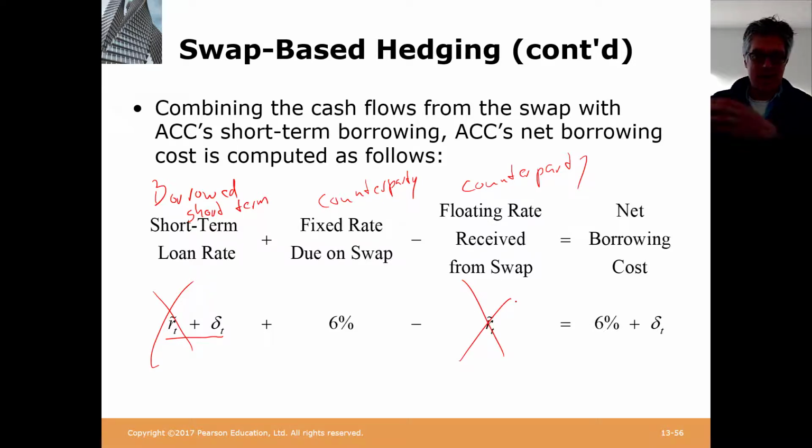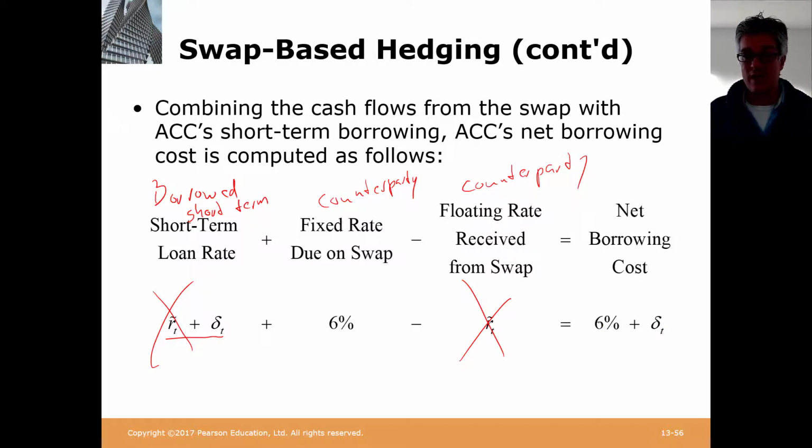So each period I'm getting that floating rate, and I'm simply passing that on to the bank or whomever I borrowed short term from. And that means that in the end my net borrowing cost is this low fixed interest rate plus this credit quality, which I hope declines over time.